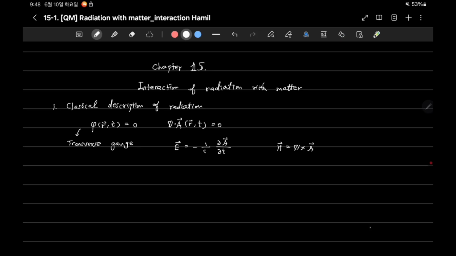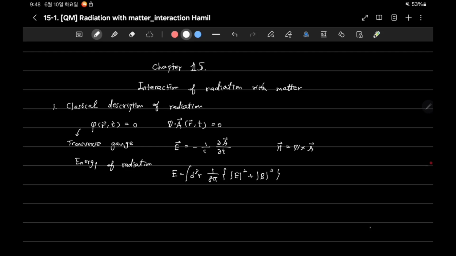So in this case, the energy of radiation is the spatial integration of 1 over 8 pi, that is CGS units, times electric field squared plus magnetic field squared. That is the energy.